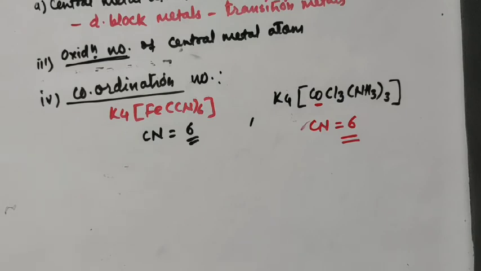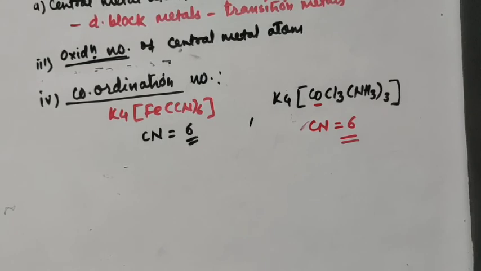Suppose the ligands are didentate or bidentate, then in that case the coordination number is the number of lone pairs of electrons donated for the bond formation. Once again I am reminding, in case of polydentate ligands, the coordination number is the number of lone pairs of electrons donated to the central metal atom or central metal ion.